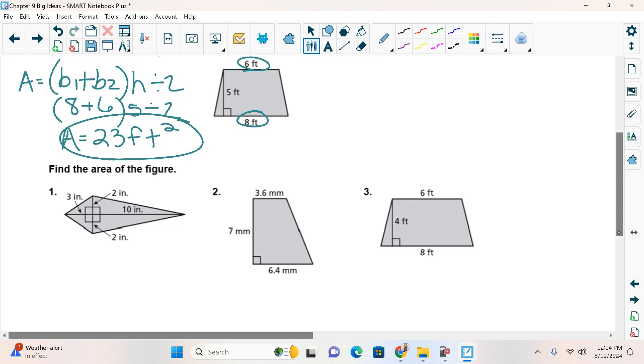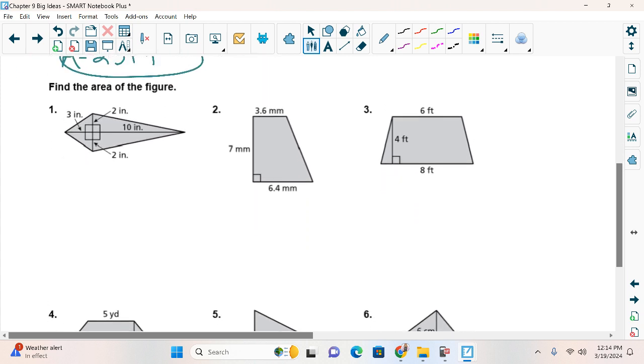All right, we're going to skip number 1 for a second. We're going to knock out all the trapezoids first. So we're going to sing the song a lot here. Area equals base 1 plus base 2 times the height divided by 2. We plug in our information.